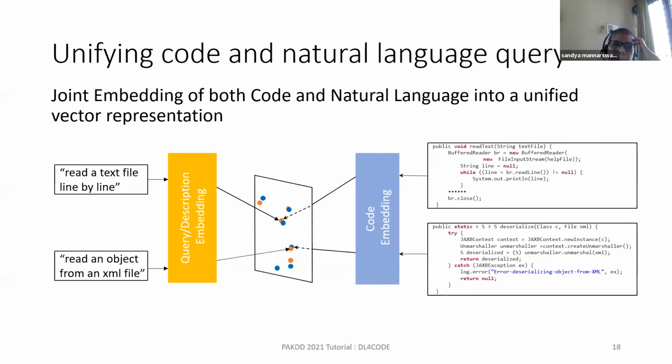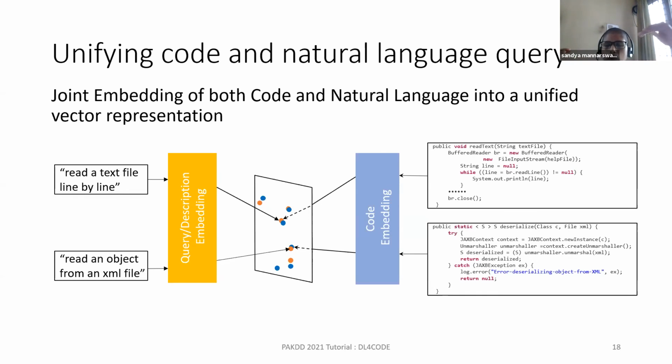So this paper, Deep Code Search, the reference is in the notes page of the slide. What they try to do is build a unified representation for the code and the natural language query. Given a code snippet and the associated description for that snippet, they project both of them into a single vector space representation. Think of it as two different modes.